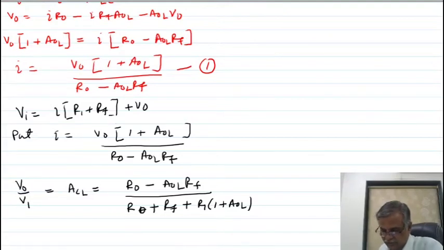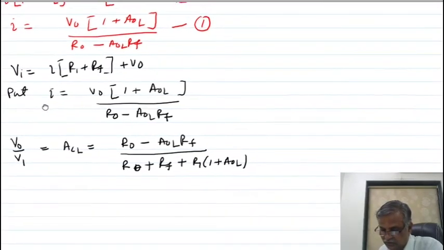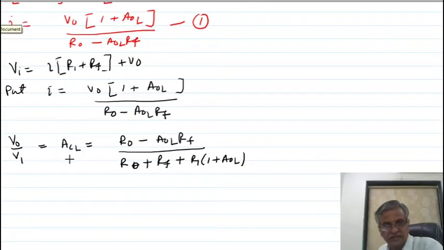By putting this value of the current in this equation, you can calculate the output voltage upon input voltage, which is RO minus AOL RF upon RO plus RF plus R1 into 1 plus AOL. This is the equation of the closed loop gain if the op amp is not ideal.